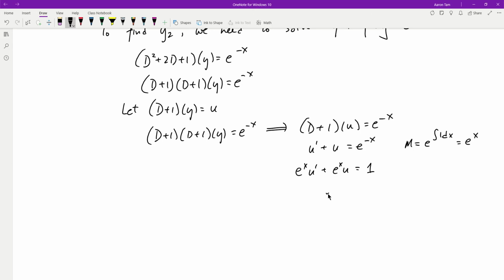Therefore, e to the x u prime is equal to 1, so e to the x u would simply equal x plus some constant c1. Multiplying the entire equation by e to the negative x gives me u equal to x e to the negative x plus c1 e to the negative x.